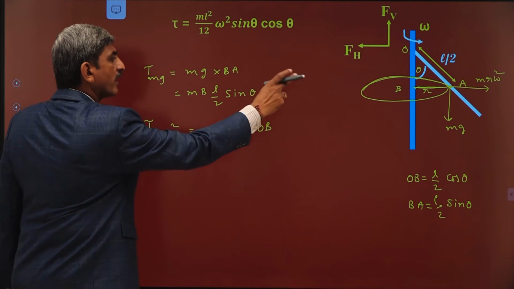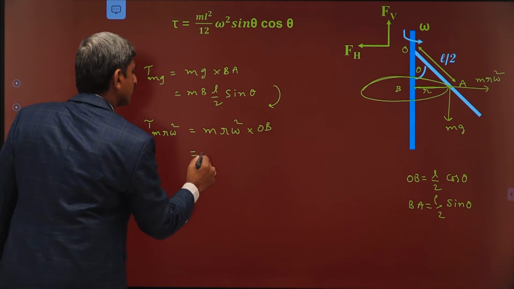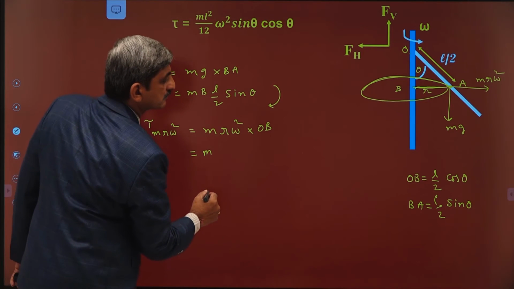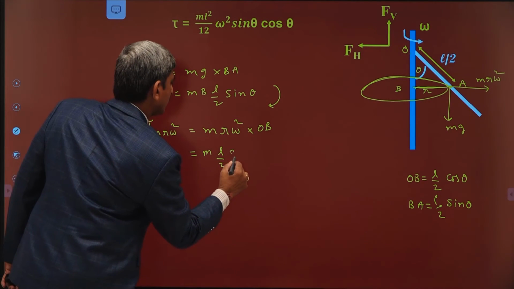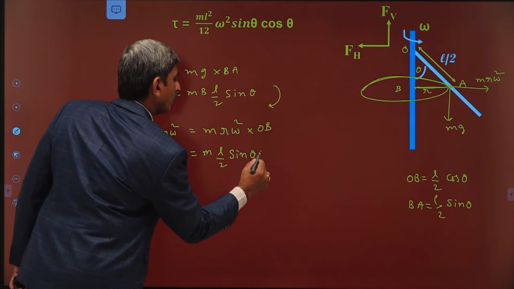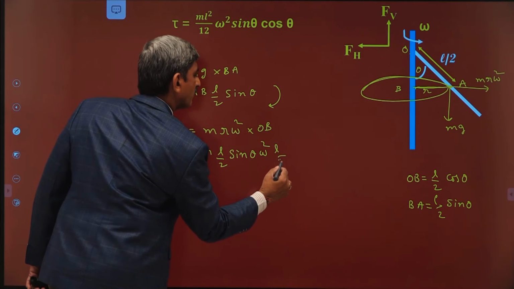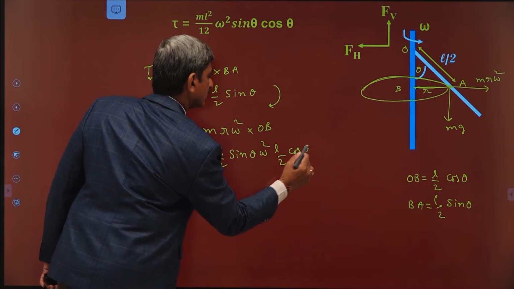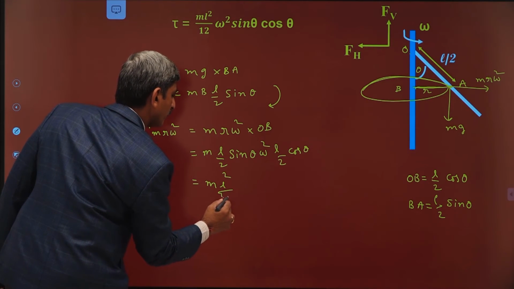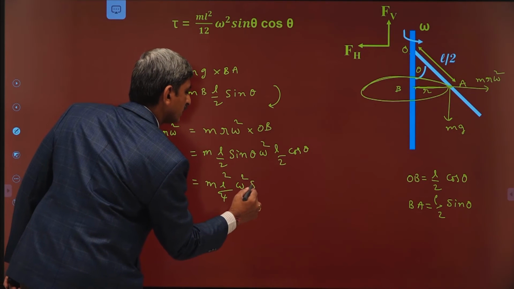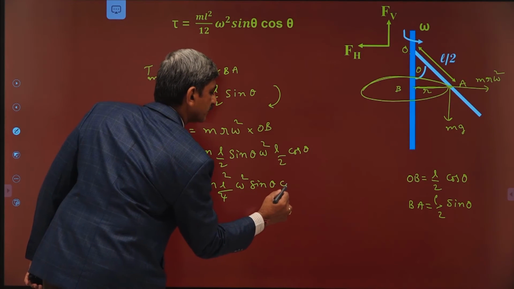By substituting R value and OB value in this equation, it becomes m into L by 2 sin theta into omega square into L by 2 cos theta. This is equal to m L square by 4 omega square sin theta cos theta.